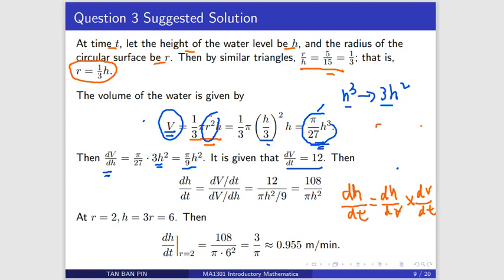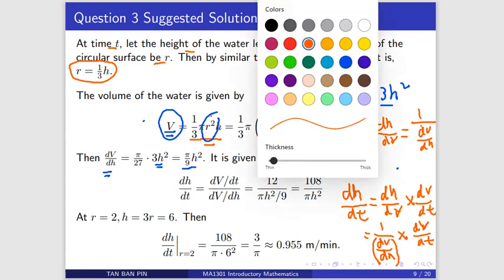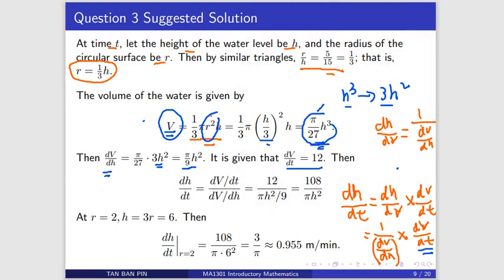Then you know that dH/dV, you can write it as 1 over dV/dH. So you can write it as 1 over dV/dH times dV/dt, which means it will be the same as dV/dt divided by dV/dH. That's why dV/dt is here, and dV/dH becomes the denominator.